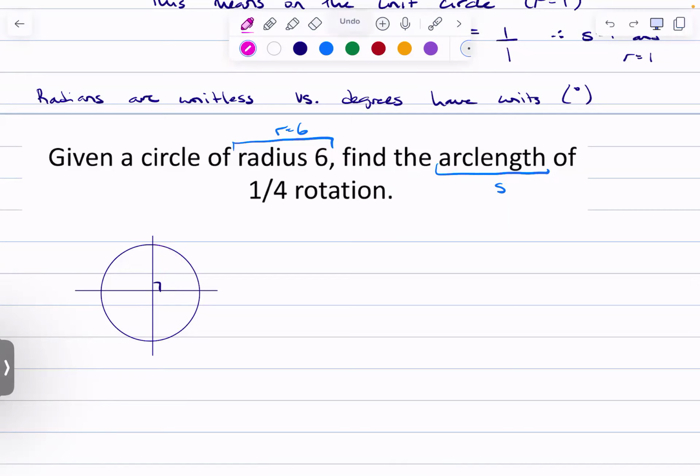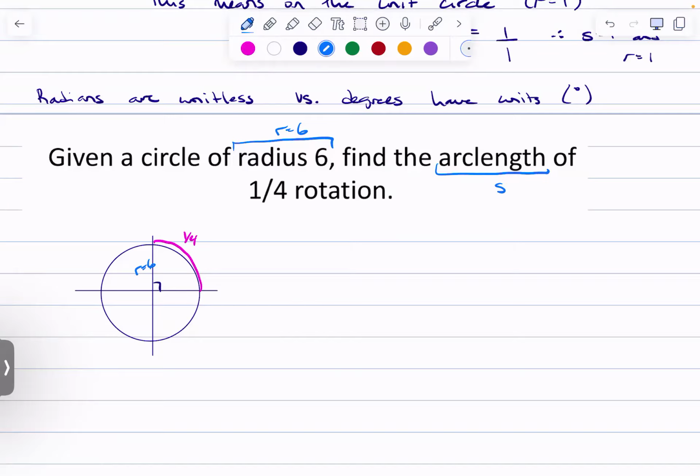I have to draw it properly. There. A quarter rotation. So this radius is 6, and we want to find the arc length of this thing.